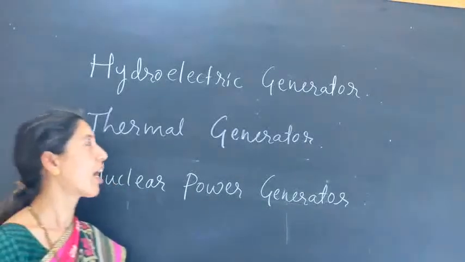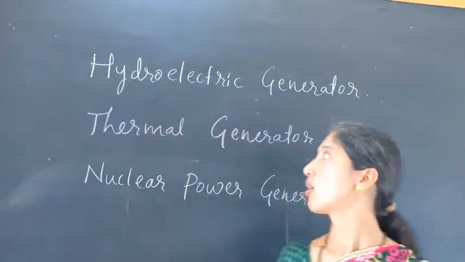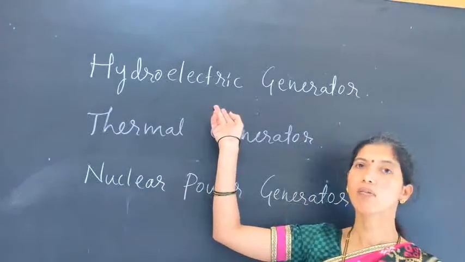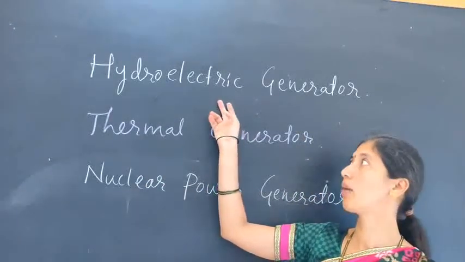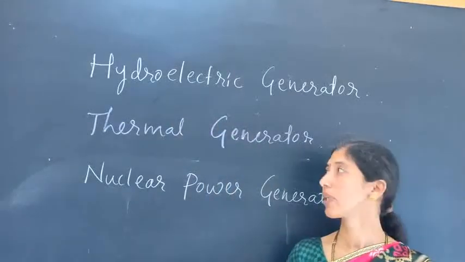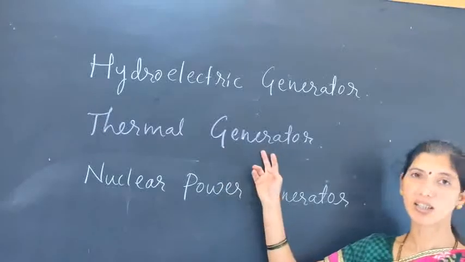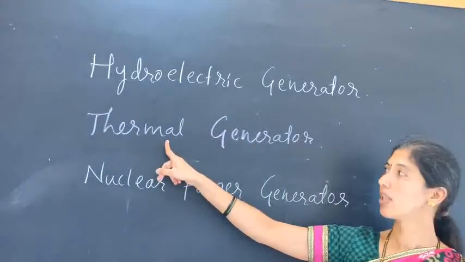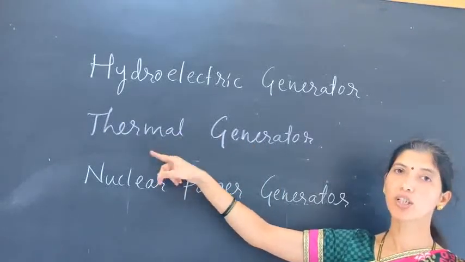Now in case of hydroelectric generator, water is falling from a very high height from the dam to produce the rotation of the armature. Whereas in case of thermal generator, thermal means heat, steam is produced. How is the steam produced?